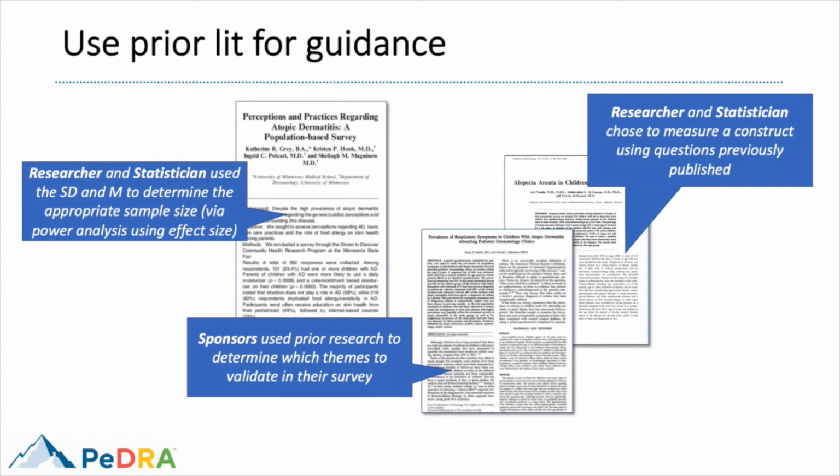For example, you can use the means and standard deviations of related research to determine the appropriate sample size for your survey. Or you could use previously identified themes to help you frame and craft close-ended survey questions. You may even discover validated questions that have already been created that you can just use directly.